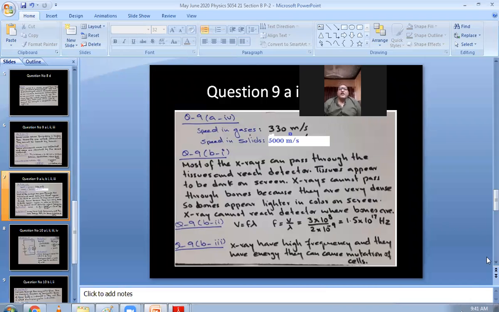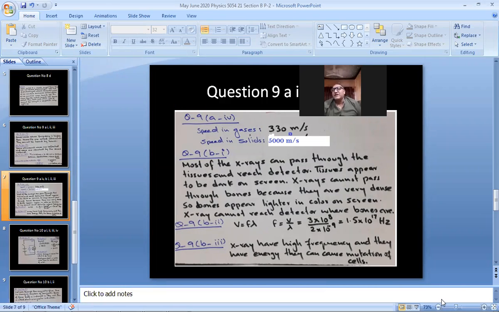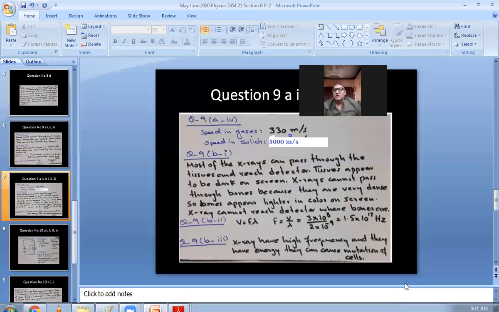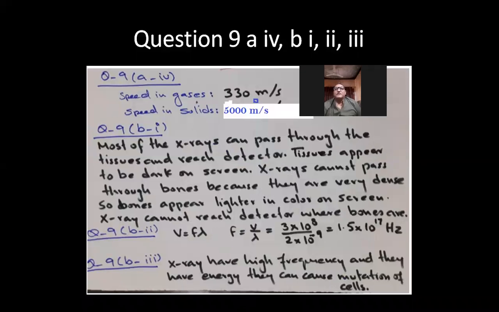And you can see question number 9B, second part, showing on your screen. v equals f lambda and f equals v by lambda. So it will be 3 × 10^8 divided by 2 × 10^-9, and the final answer will be 1.5 × 10^17 hertz.